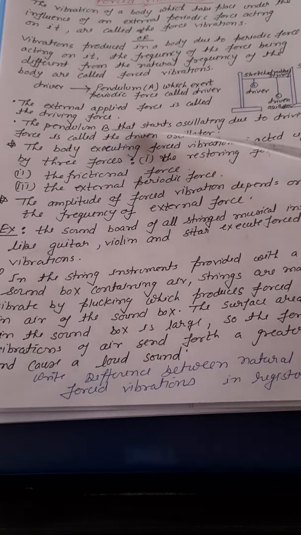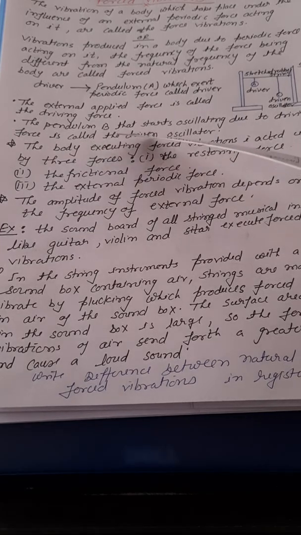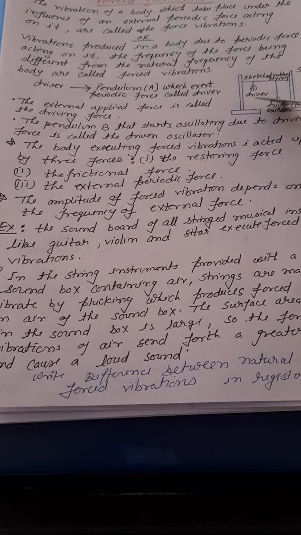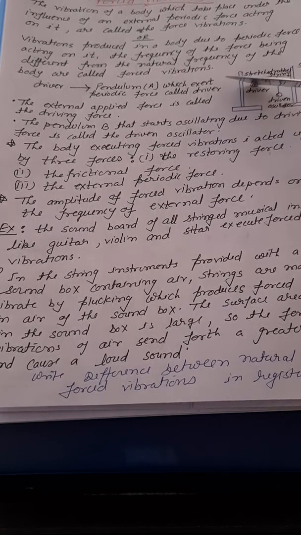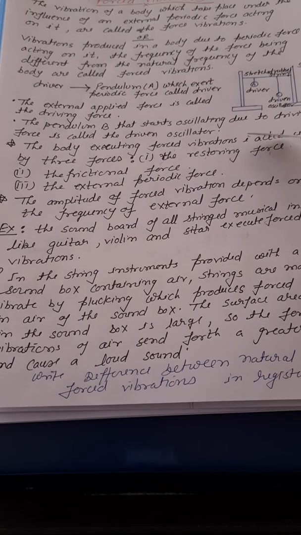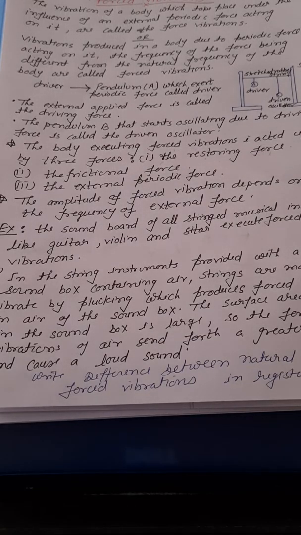The pendulum B that starts oscillating due to the driving force is called the driven oscillator. This is the driven oscillator, and the driving force is from where we are applying. The body executes forced vibrations when acted upon. Now there are three forces. Again I am repeating. We have discussed in natural vibration, which force is acting on it? Restoring force.